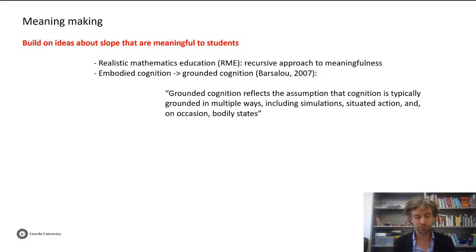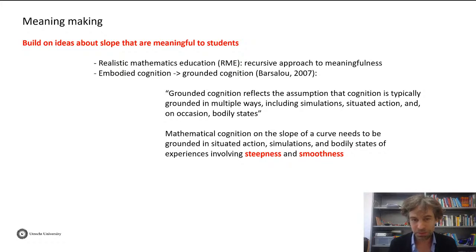So these first meaningful things, these everyday situations, could be bodily experiences, things that you do, or things that you did before but that you're still capable of simulating in your head, like going down a slide. Everyone has done that multiple times. You can simulate it. You could still imagine what it feels like when it's steep, when it's smooth. You know these things.